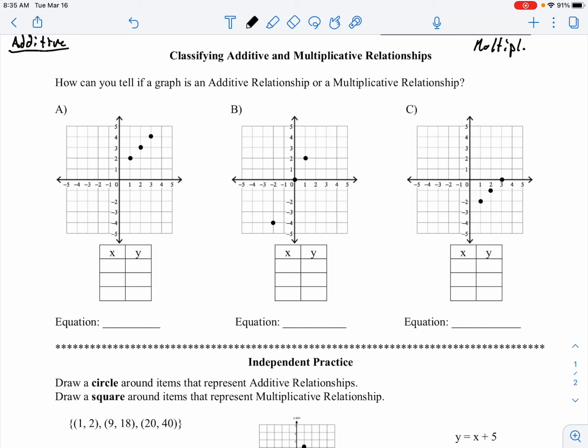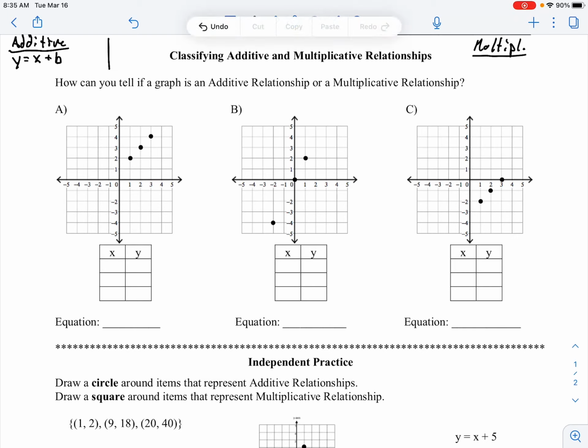So how can we tell if we have an additive relationship? If we remember from our notes yesterday, it has to follow the y equals x plus b format, where b is anything but 0, cannot be 0. So that's how we can tell if we have an equation.